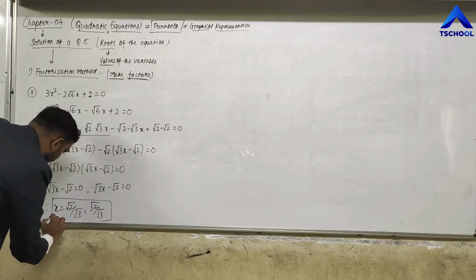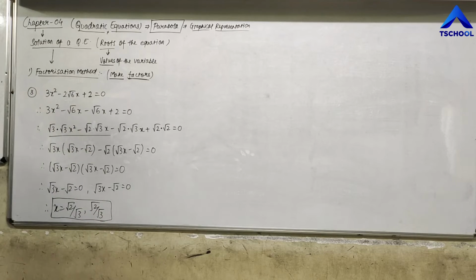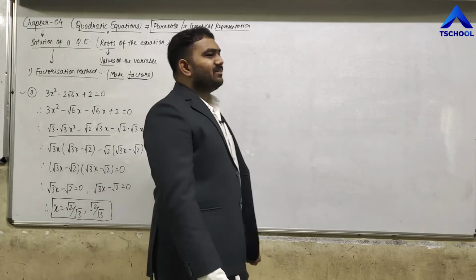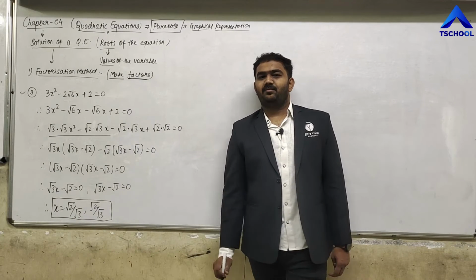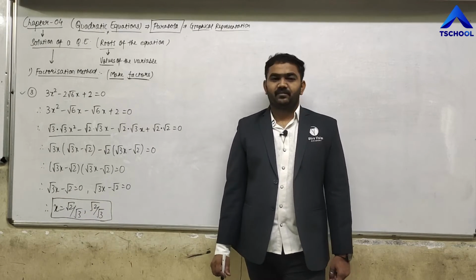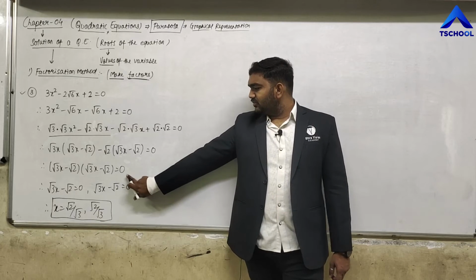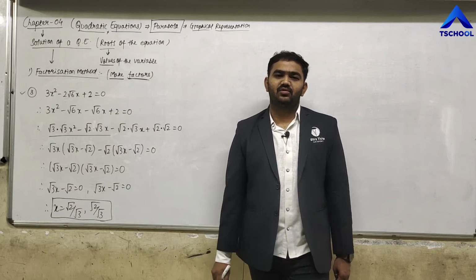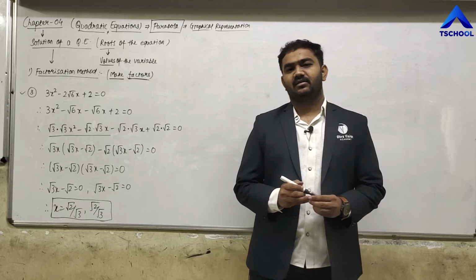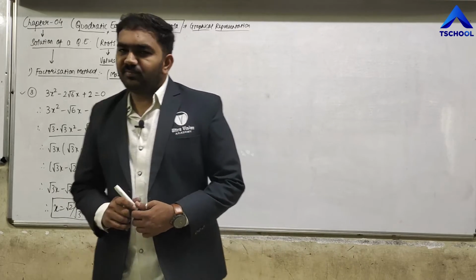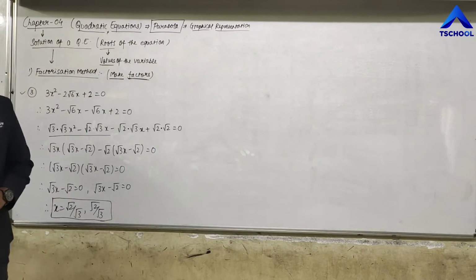So the roots, the solution to this given quadratic equation, are root 2 by root 3 and root 2 by root 3. That means this equation is a perfect square in itself, right? Root 3x minus root 2 whole square also can be written, right? So this is a perfect square in itself.